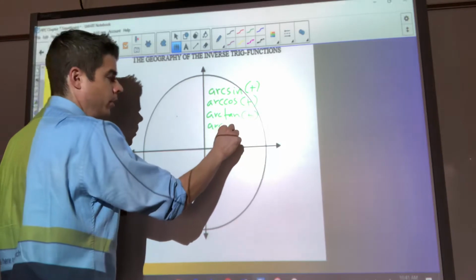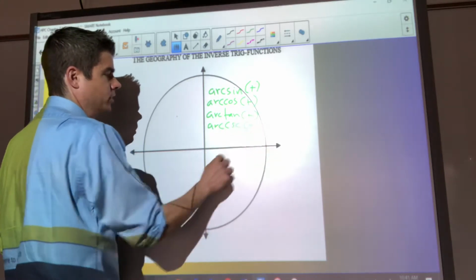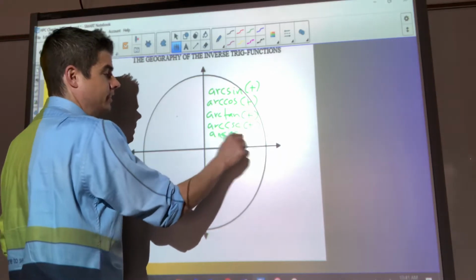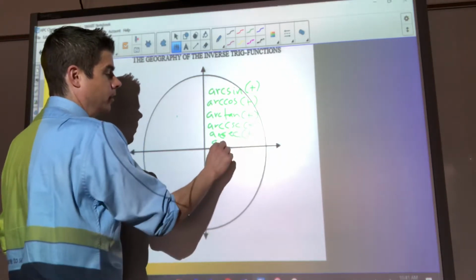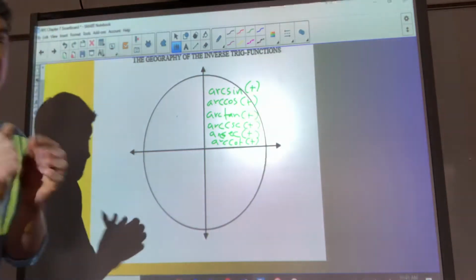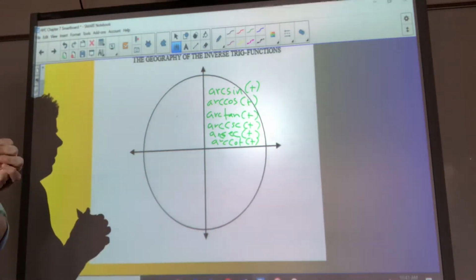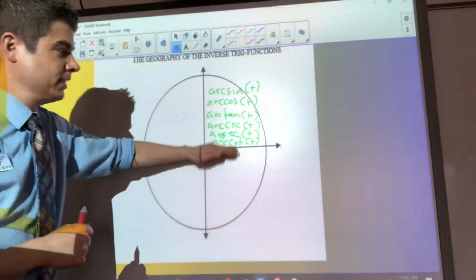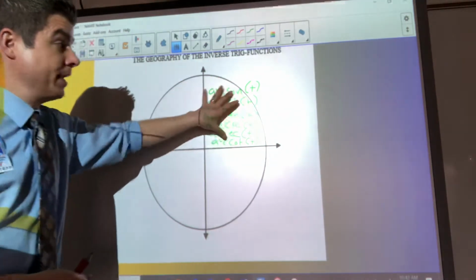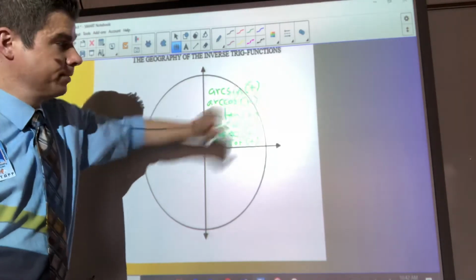Arc cosecant of a positive ratio, arc secant, my letters there, arc secant of a positive, and arc cotangent of a positive. So if you are given a ratio that's a positive value, all 6 of the trig functions, you would draw a triangle in quadrant 1, and only one.